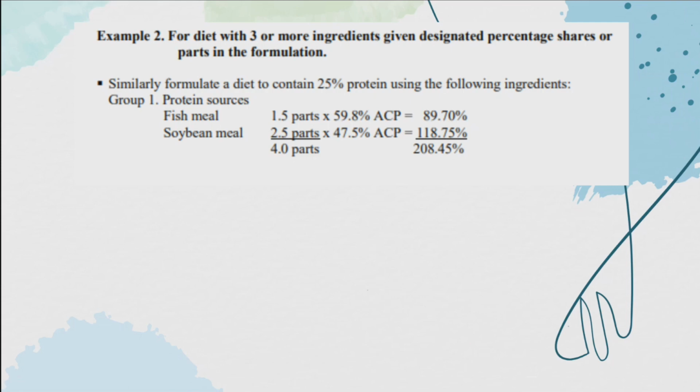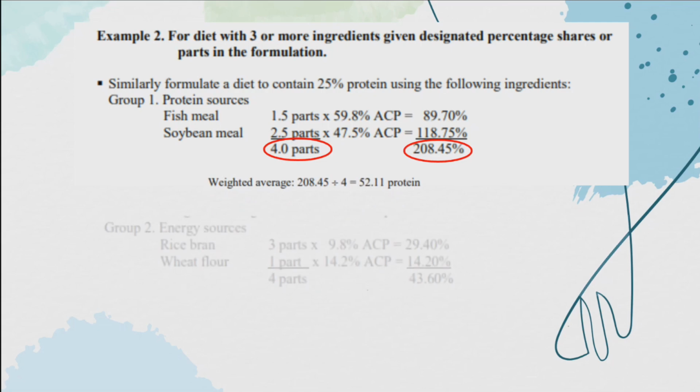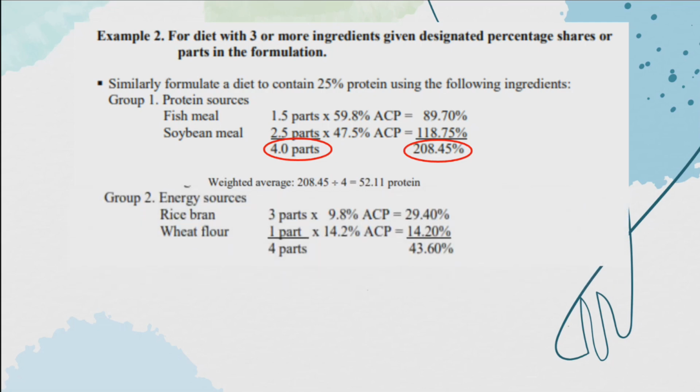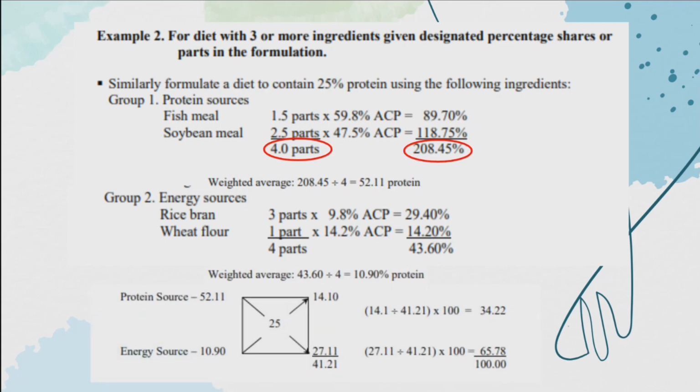The total of the two protein sources is 4 parts and the total percentage is 208.45%. To get the weighted average, divide the total percentage of the protein sources by their total parts. Then repeat the formula for the energy sources. After that, apply the technique you used in the first example for doing the Pearson square technique.